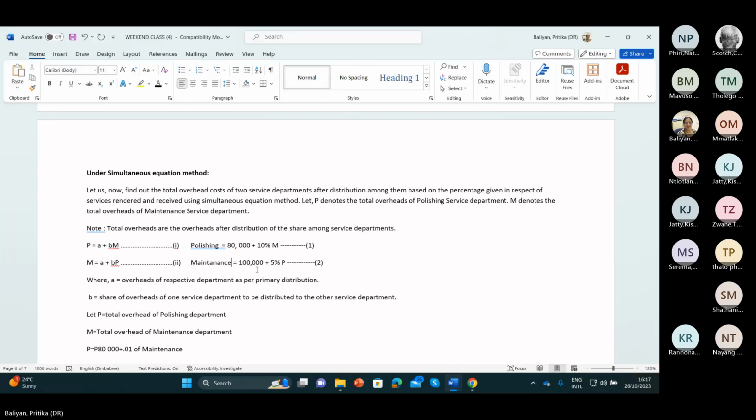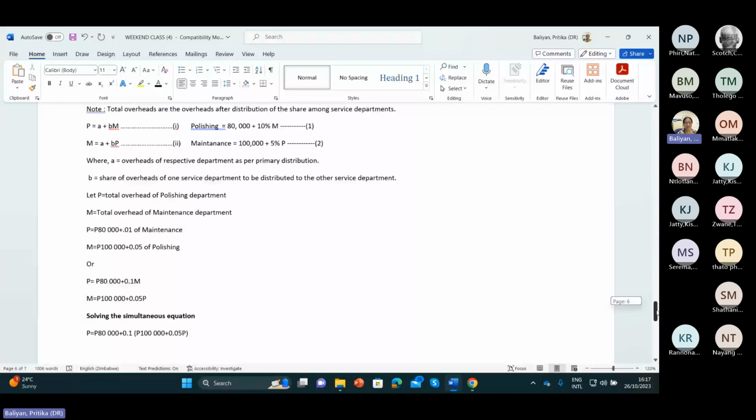Now we use that information to solve the equation and then determine the value of P and M. So here, you have two equations.